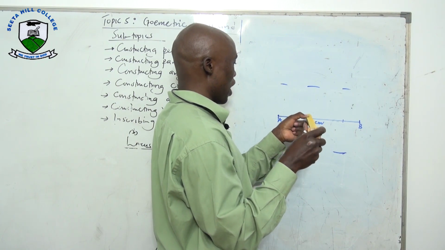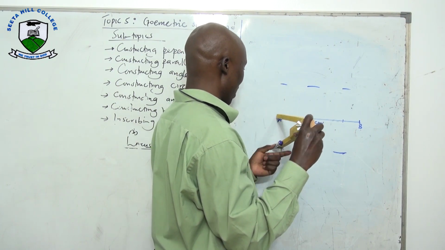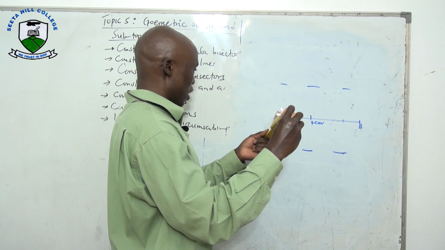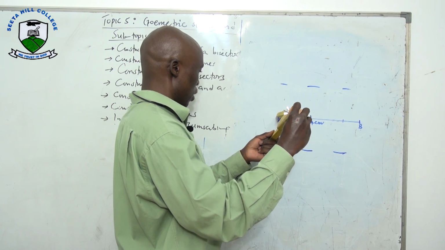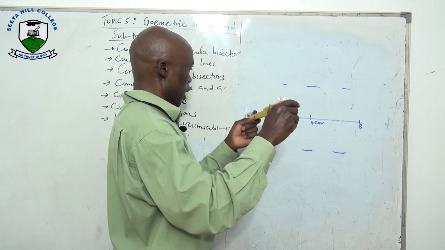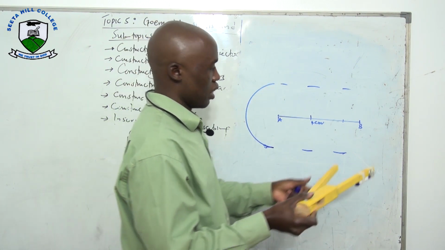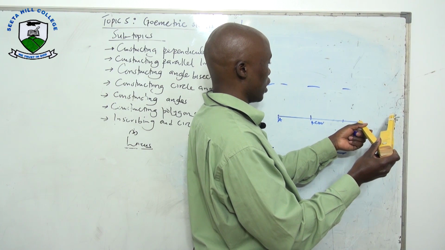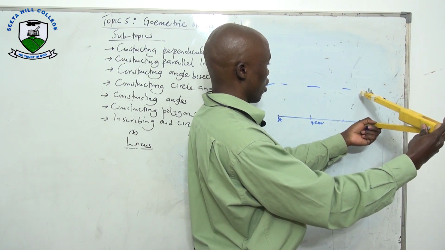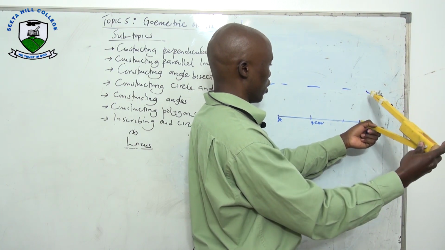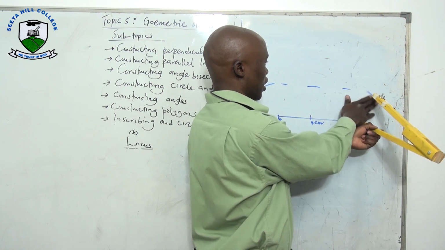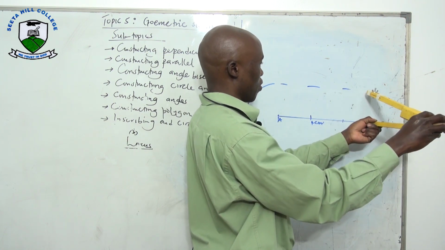But you'll have to move around, not so? On the sides you'll develop a kind of a semicircle locus, since it's a line segment.